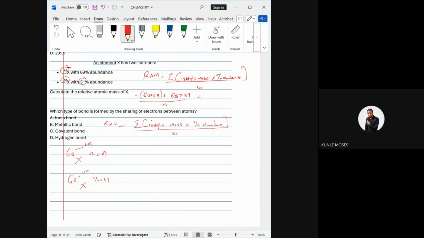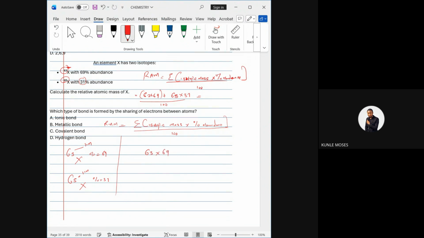So now you slot it inside this formula. Summation simply means addition of the first isotopic mass multiplied by the percentage abundance. So the first isotopic mass is 63 multiplied by its percentage abundance, 69.